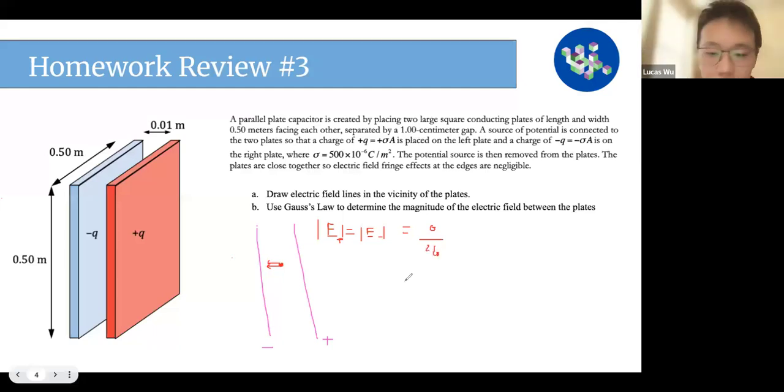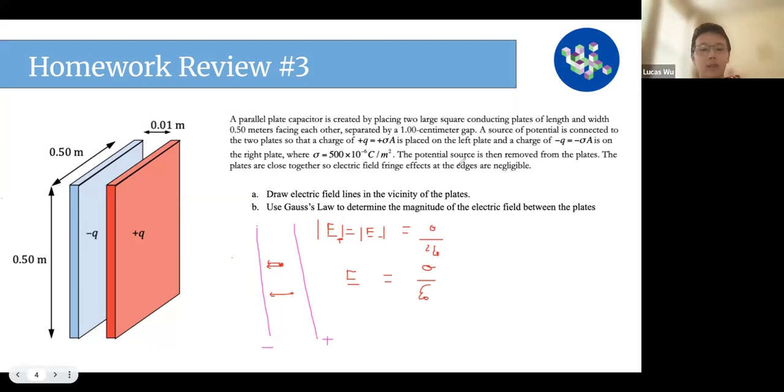That means the total electric field will be sigma over epsilon zero, and it points from positive to negative. So at a point over here, the total electric field would be in that direction, with magnitude sigma over epsilon zero.